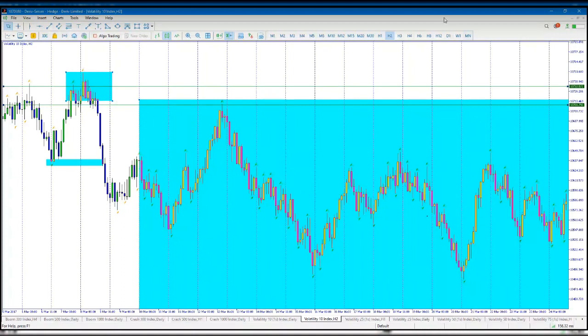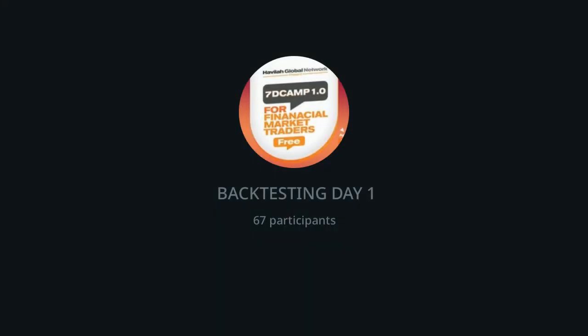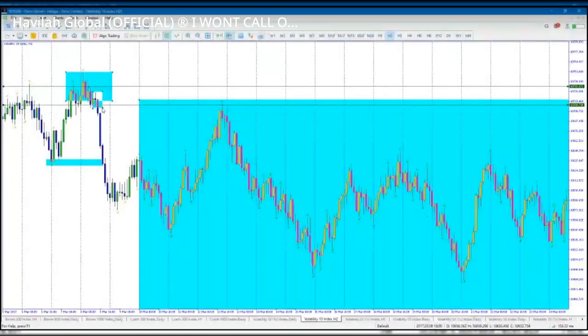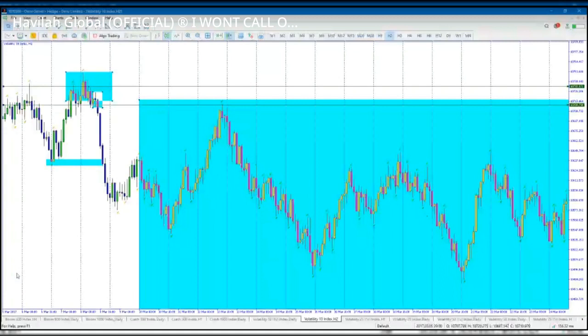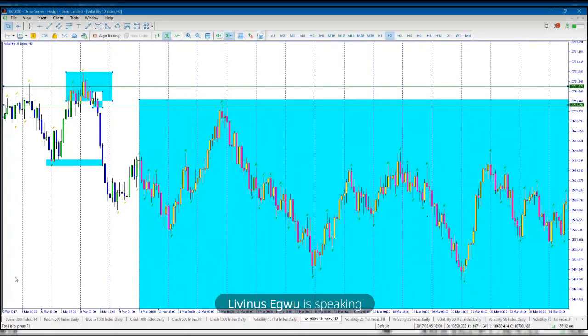But a supply and demand trader will be filled in because they will enter here. Are you guys following? So if this move leaves me, does it mean I'm a bad trader? No. Does it mean I don't know how to trade? No. I will just sit back and see what price will do again.